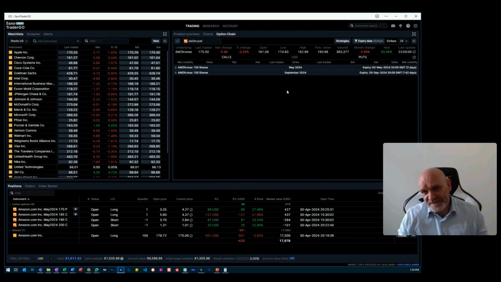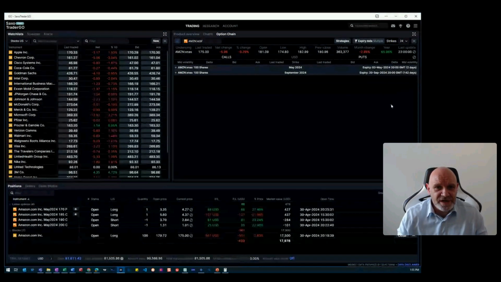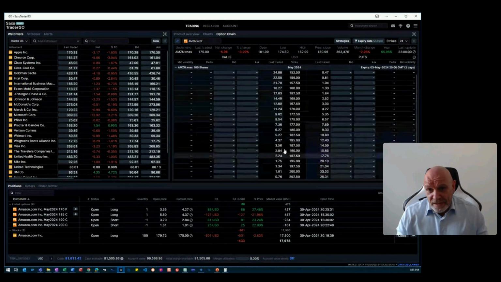You get a list of the expiries. This one is expiring in 2 days, this one in 142 days. If you expand a certain expiry, you will see all the strike prices which are available. Since the exchanges aren't open, all these values are empty, unfortunately, but you can still see the last traded.